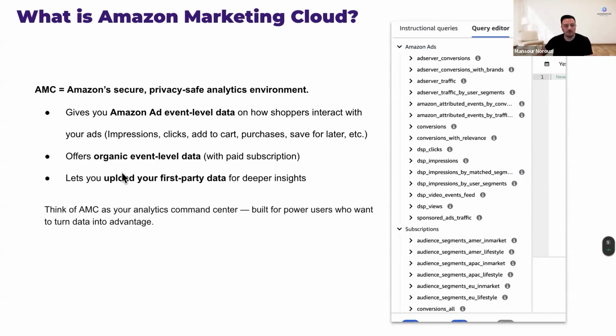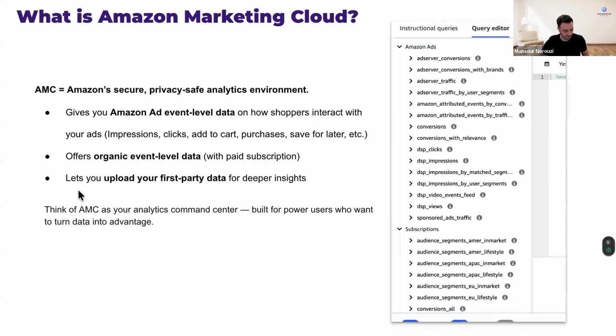It offers organic event level data, which is paid, and we are going to talk about that. It also lets you upload your first party data, for instance, bring data from your platform, your website, or connect the Amazon ad tag and bring the data dynamically to AMC.